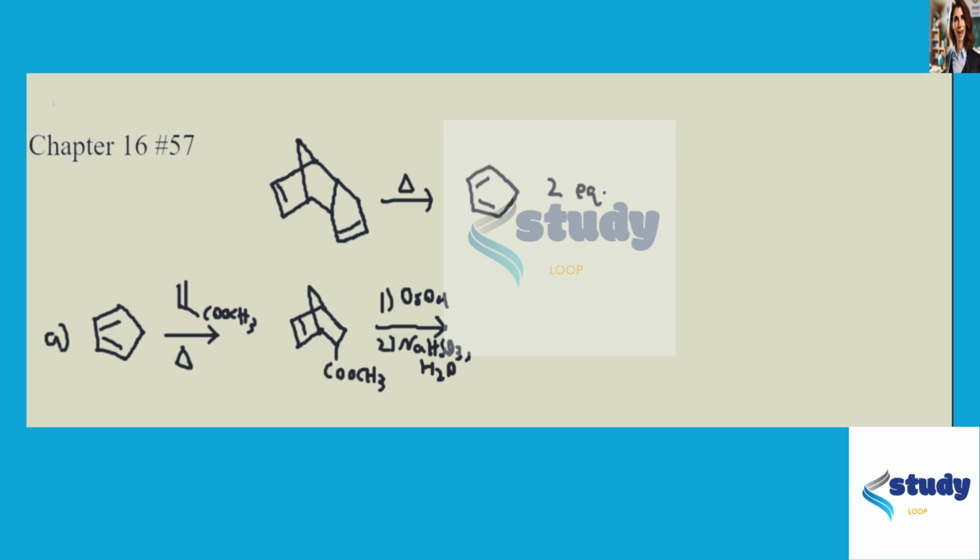And so when we use those reagents, we get a syn dihydroxylation. Our 2 OH groups will add like this. And so that is our desired product for A.